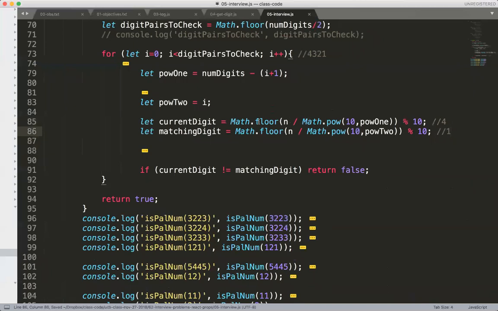So over here, I'm doing math.floor n, which is 4321, just say n equals 4321, divided by math.pow 10 to right here. This right here has to be what power? If I want the first digit 4 for 4321, what does the power have to be?